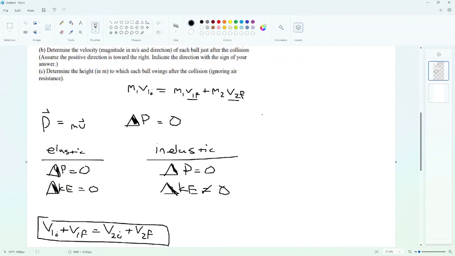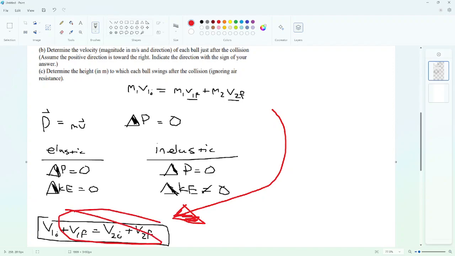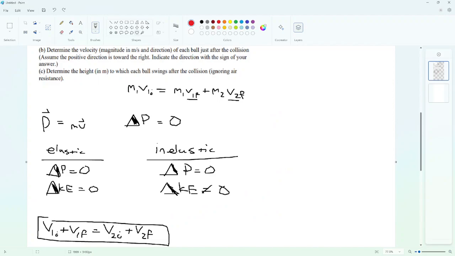What can we use to solve for this? Well, we just need another equation. Where could the other equation be? It's going to be this one. If you couldn't see the big arrow I was drawing, we're going to be using this equation down there. So how we're going to use this? We are going to substitute for one of these values and put it in terms of the other.